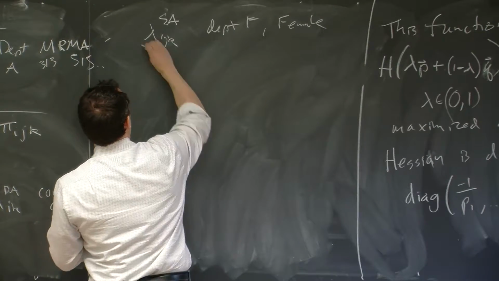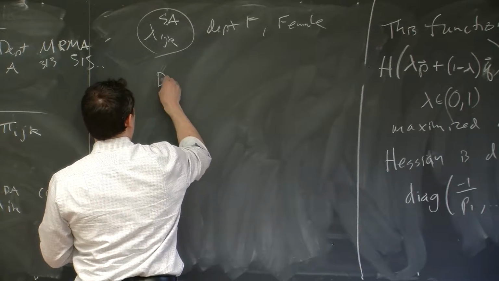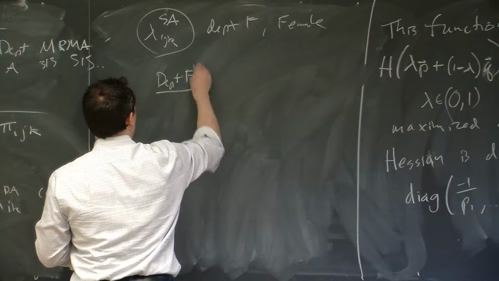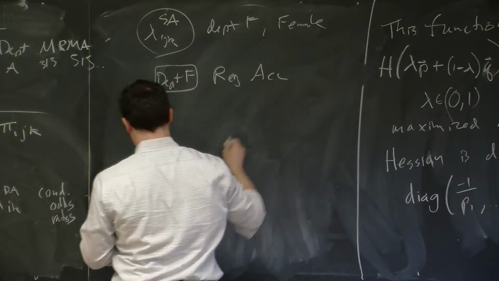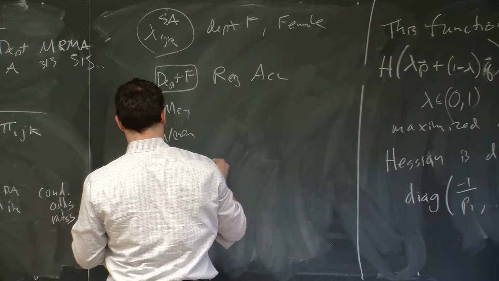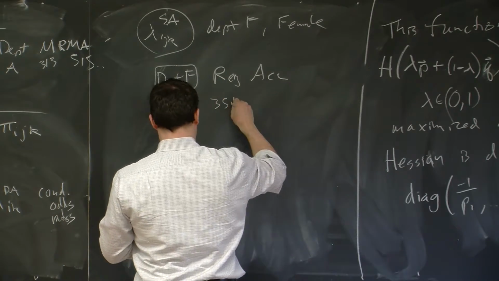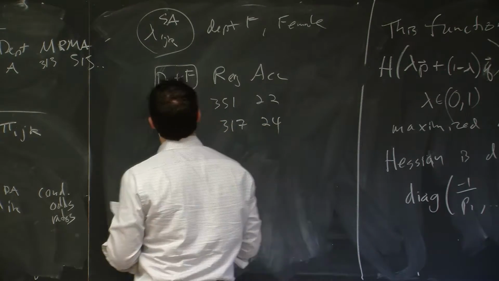So this lambda SA_jk corresponds to the partial table for department F: reject, accept, men, women, 351, 22, 317, 24.